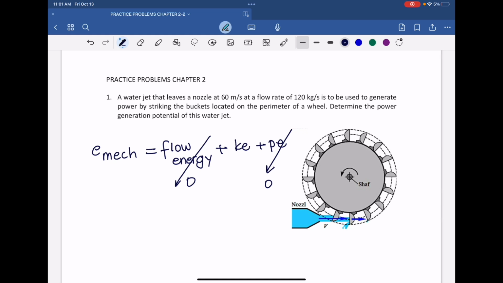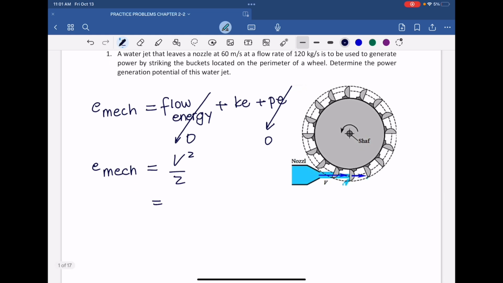Therefore, mechanical energy per unit mass is equal to the kinetic energy per unit mass of that water jet, and we write the explicit form for this equation, which is velocity squared over 2. And velocity is 60 meters per second, squared, over 2.